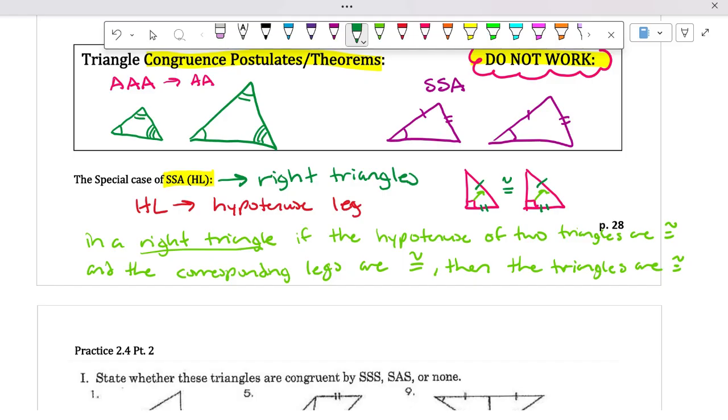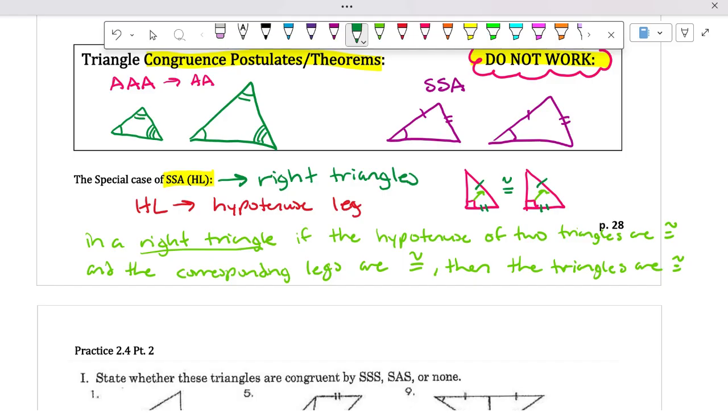But since it's a 90-degree angle, all right, that's why it works. Because that 90-degree angle is always going to be congruent between these two triangles. That's the only reason that SSA works, but we call it hypotenuse leg. All right, so we don't call it SSA, we call it hypotenuse leg, or just HL.